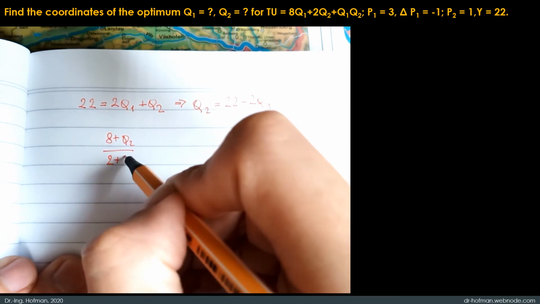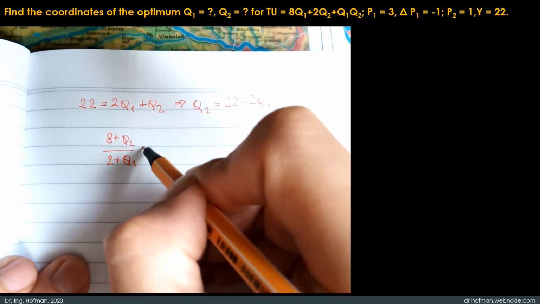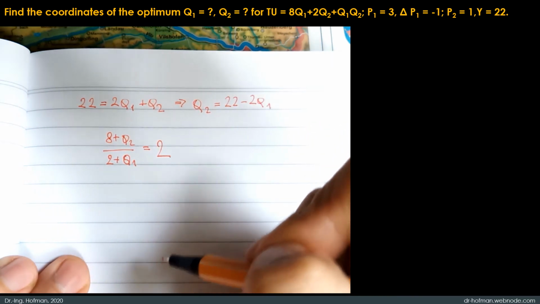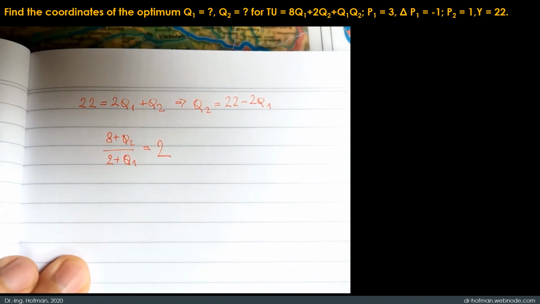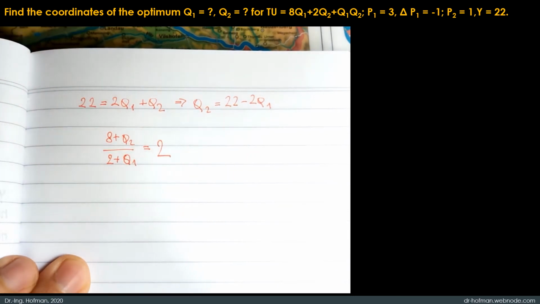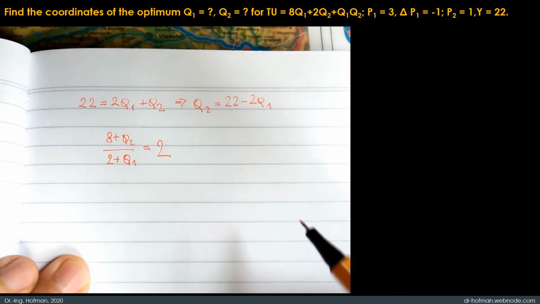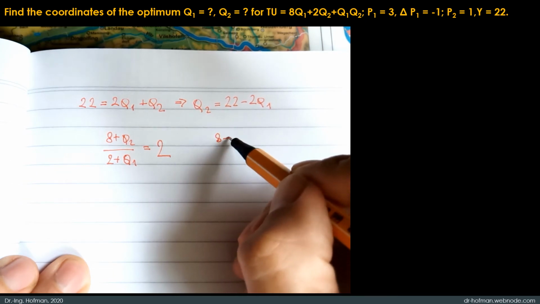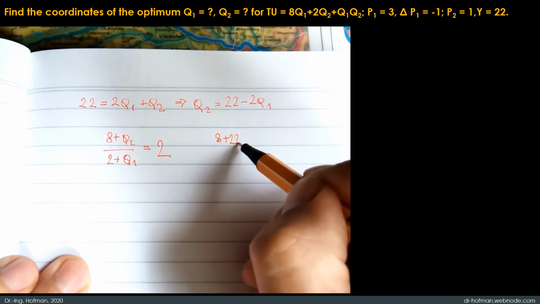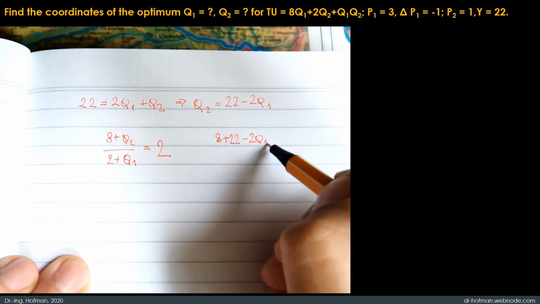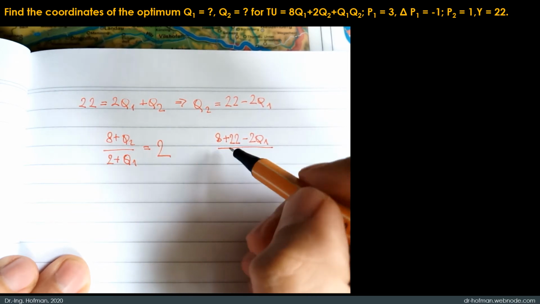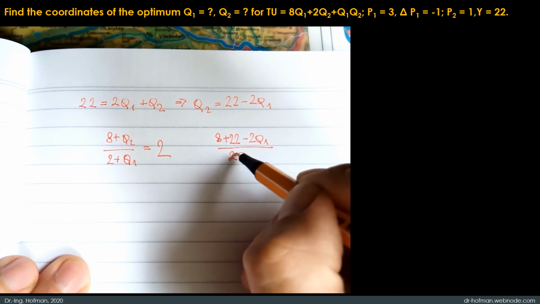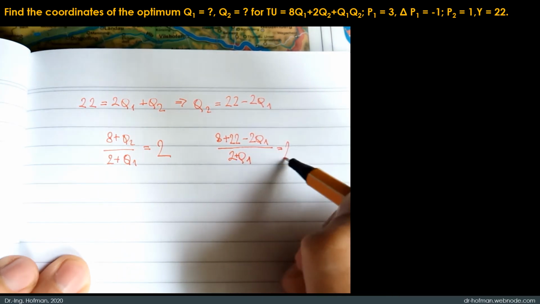From here I easily express Q2 as 22 minus 2Q1, and the fraction MU1 over MU2 equals price 1 over price 2. The right side changed to 2, the left side marginal utilities stay the same in our new situation, and I can substitute in the numerator for Q2. So 8 plus 22 minus 2Q1 over 2 plus Q1 equals 2.